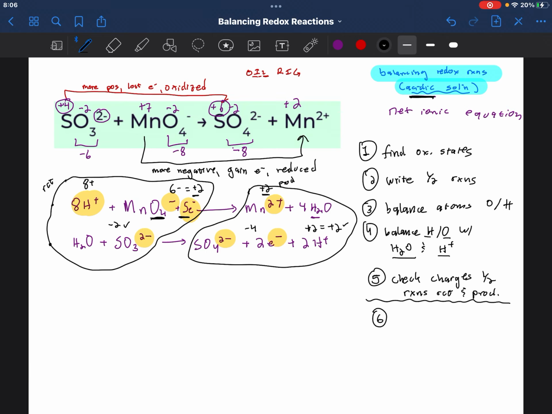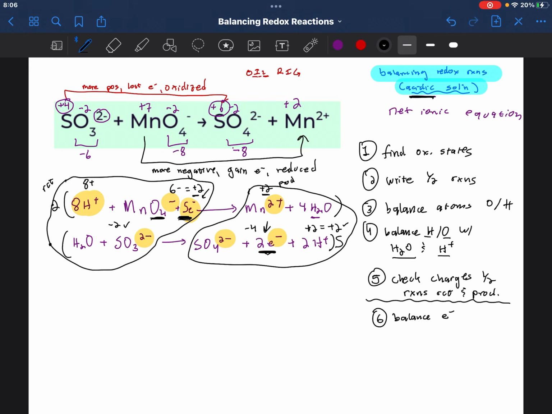What I need to balance now is the electrons that I've added for redox. I see I have 5 electrons on the left, 2 electrons on the right. So I need to make it so that this number of electrons in my oxidation and this number of electrons in my reduction are the same. How would I do that? Well, I need to multiply this by 2 and this by 5.